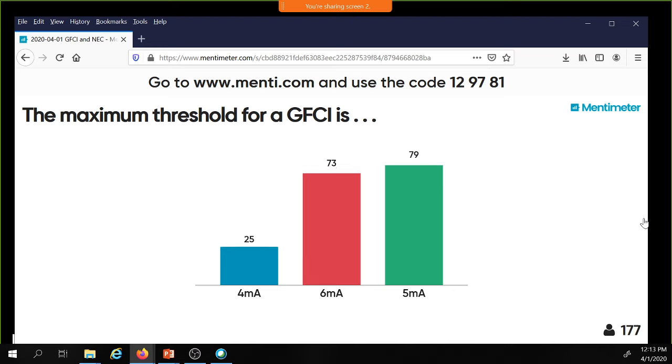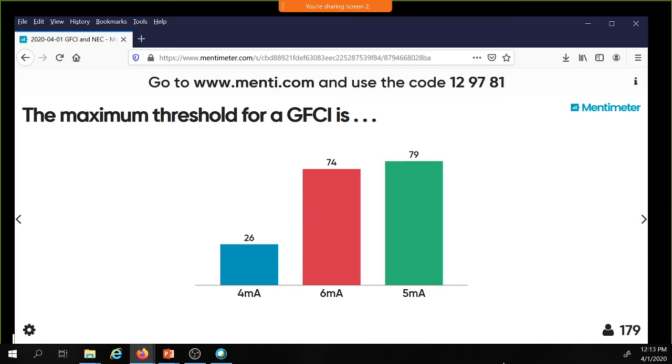What the GFCI trigger threshold means is that anything above 4 to 6 milliamps is going to set it off. If you come in contact with something energized and current flows through your body, you could see an amp, 2 amps, 30 milliamps, 100 milliamps. The only thing the GFCI is going to do is reduce the amount of time the current flows through the body. It doesn't limit the amount of current that passes through your body. We're going to learn a little bit more about that as we go.